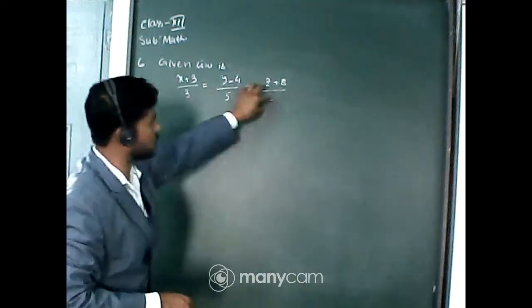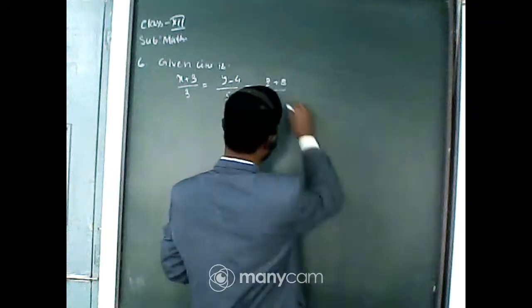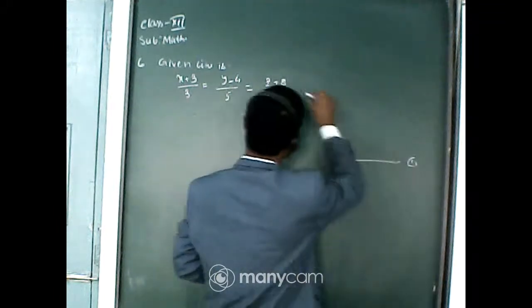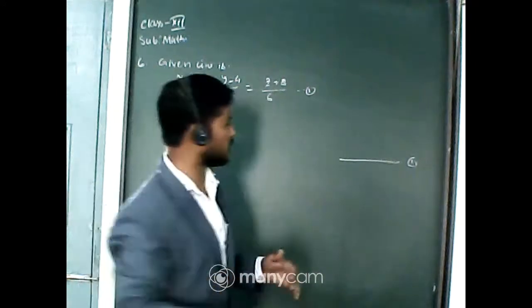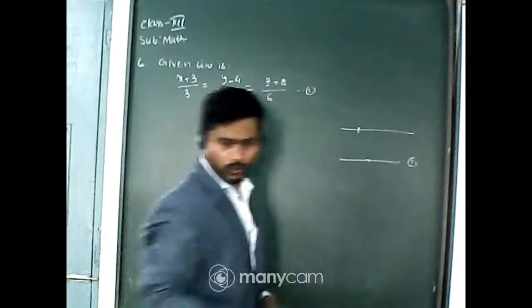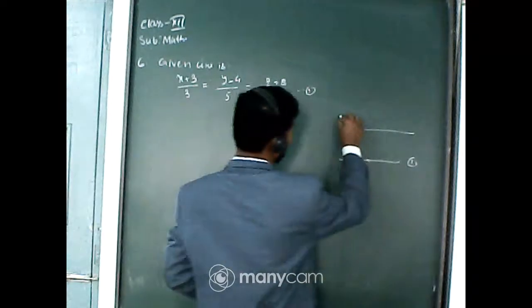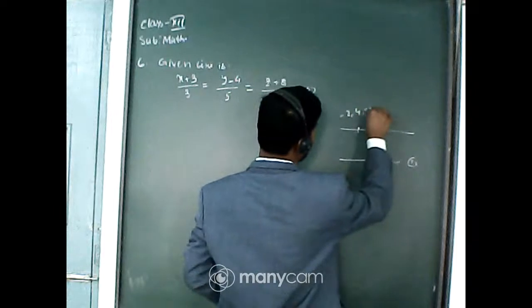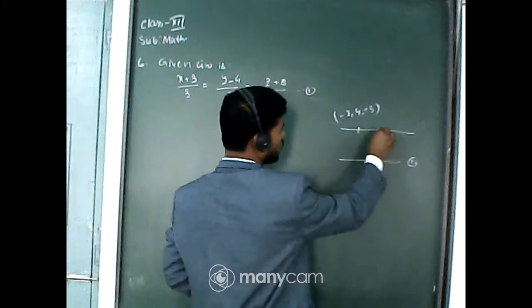Okay, so we have to find the Cartesian equation of the line. Suppose this is our equation number 1. We have to find the Cartesian equation of the line which is parallel to this line and passing through the point (-2, 4, -5). Through this point, if I draw a line parallel to the given line, we have to find the equation of this line.